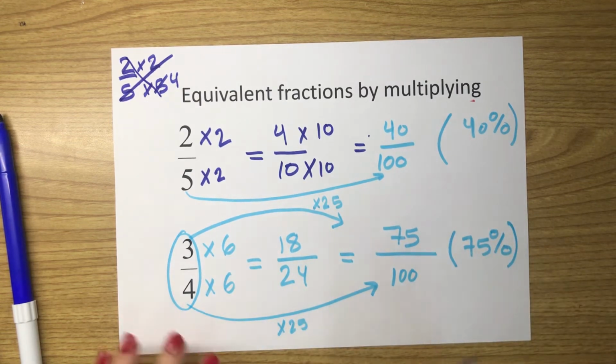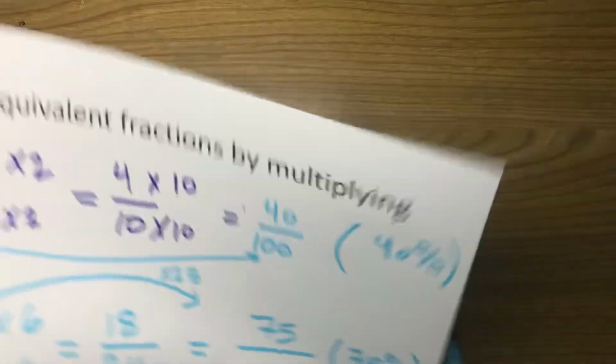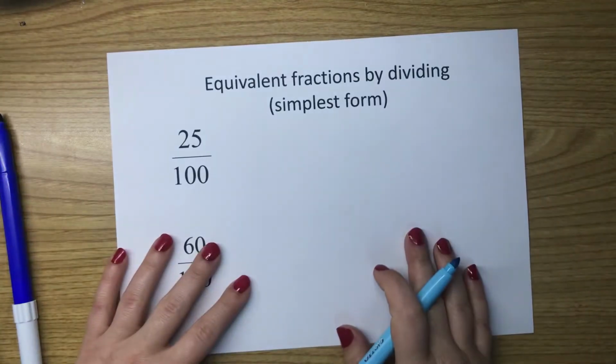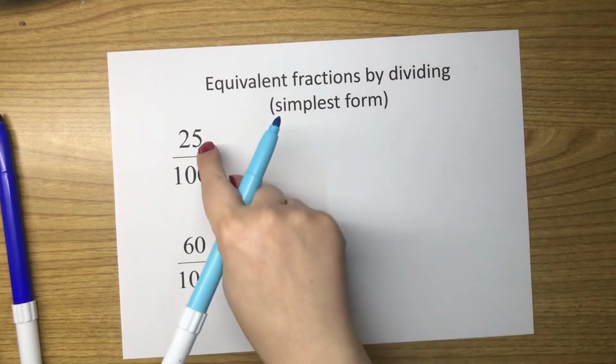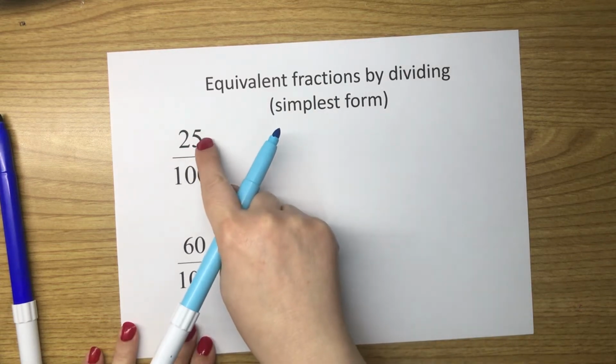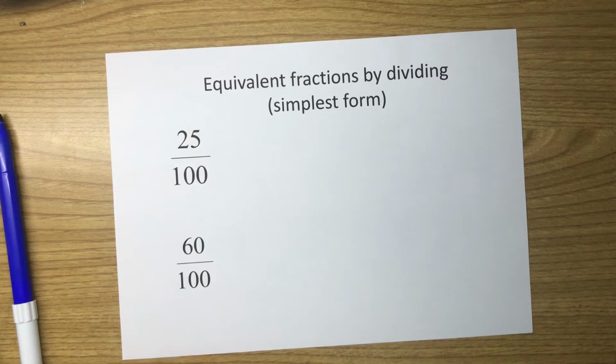Exactly, guys. The second way of finding equivalent fractions is by dividing. And using division, we can find the simplest form of that fraction. Okay, in this case, you have to find a number that divides 25 and 100 at the same time, such as 5.